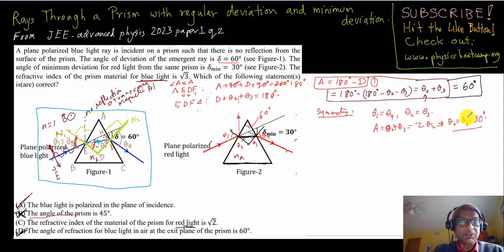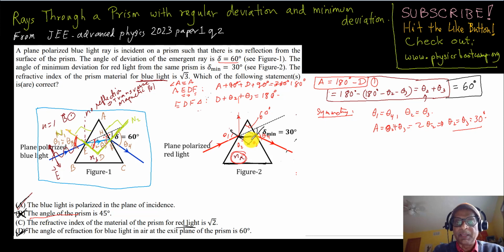And we want to find the angle of refraction, which is theta 4. No, this one, we want to find the refractive index for this. That was the previous problem. We want to find the refractive index for this. So the refractive index will come from applying Snell's law either at this point or this point.